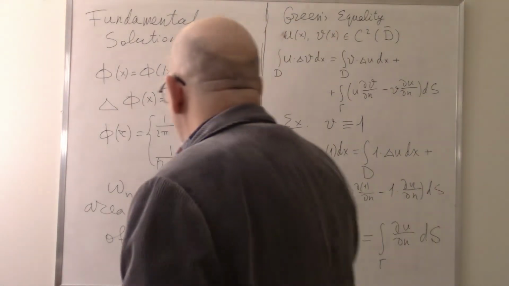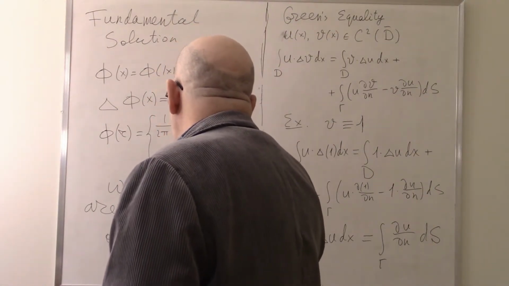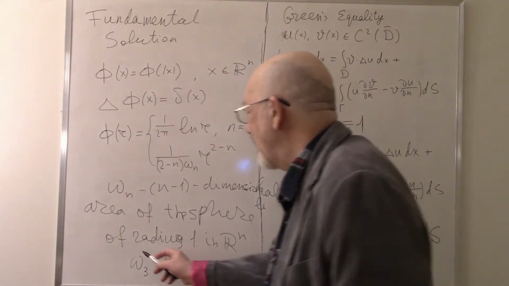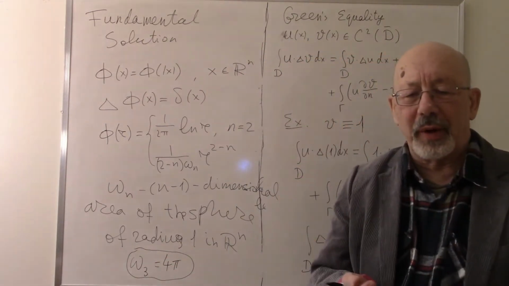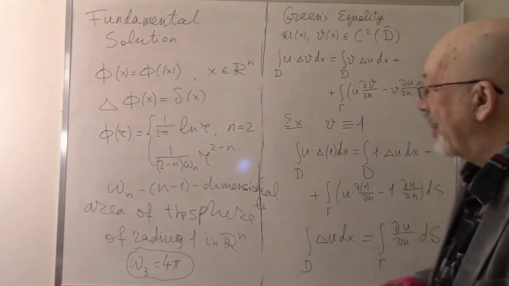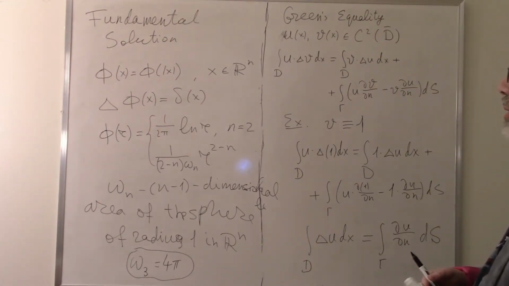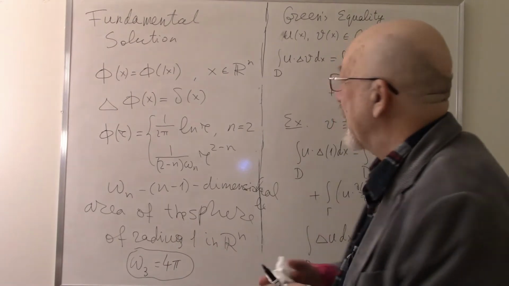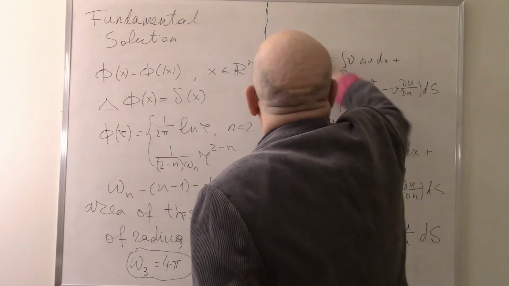I would say that omega 3 equals 4 pi. It is the usual area of a sphere of radius 1. We don't need much more. I think let us stay in dimension 2 or 3. I think it's enough.